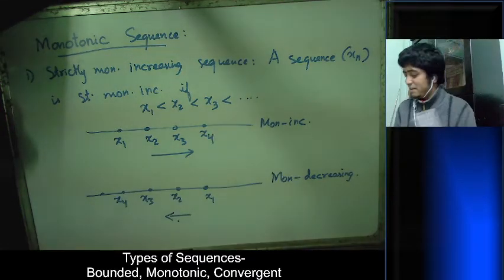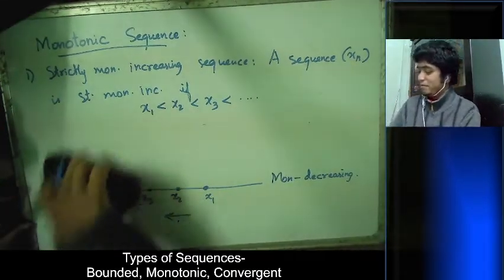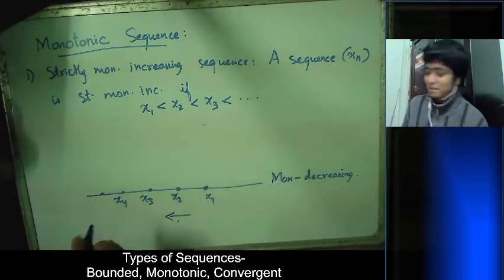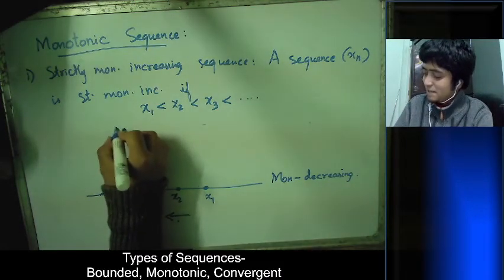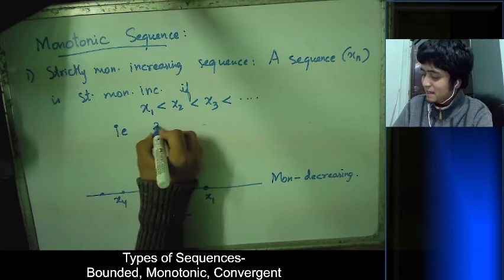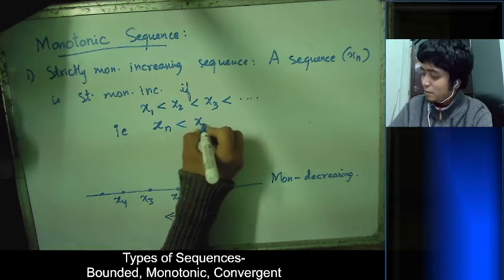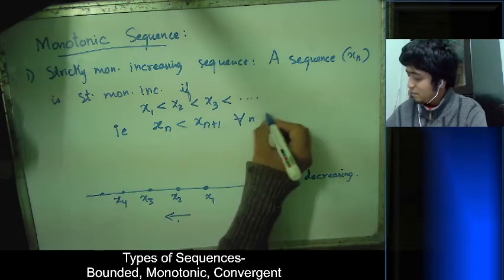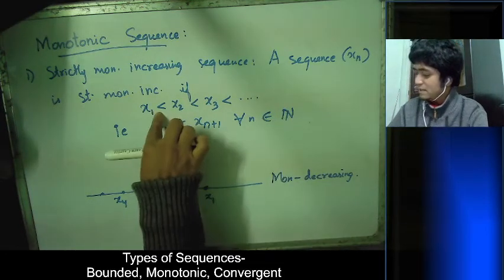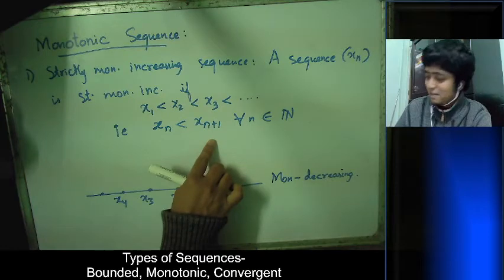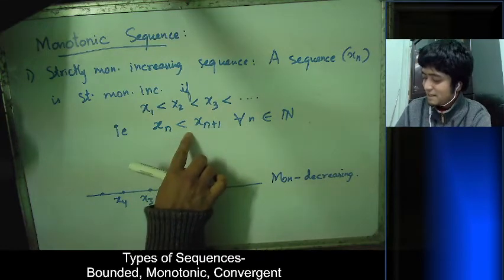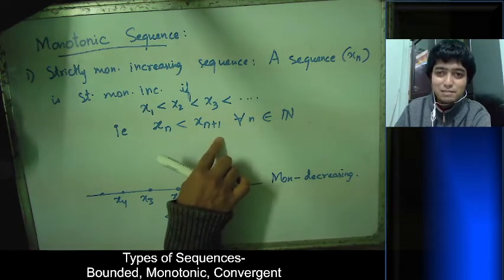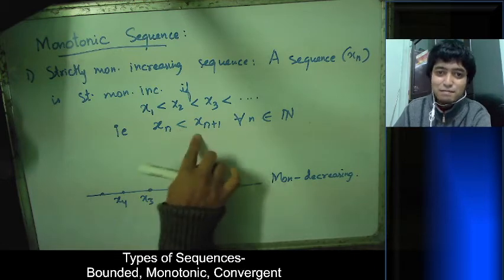But to write it in this way takes too much time. So we can easily write this as xn less than xn plus 1 for all n belongs to N. This means the same thing as this. For example, x1 is less than x1 plus 1, which is x2, x2 less than x2 plus 1, which is x3.